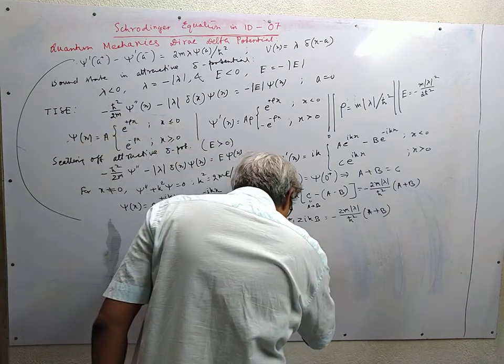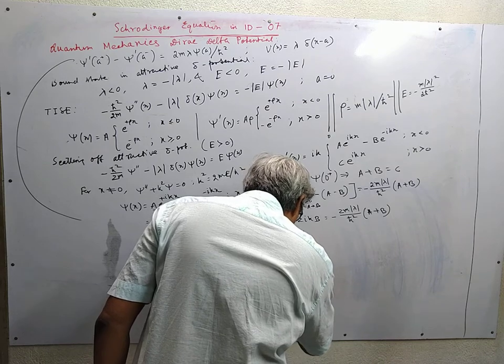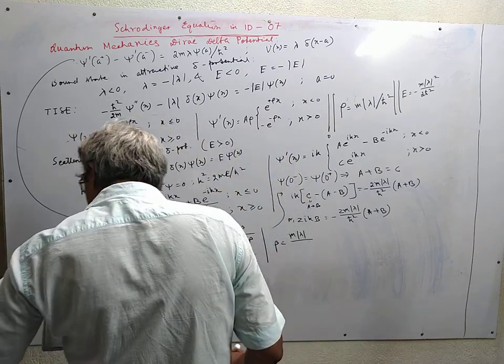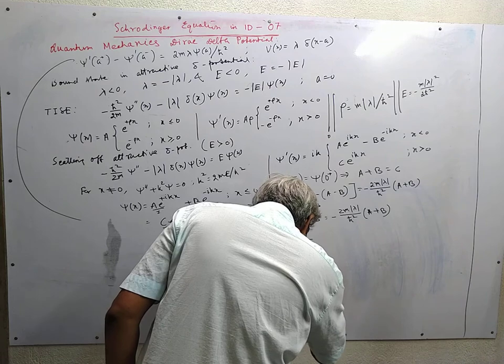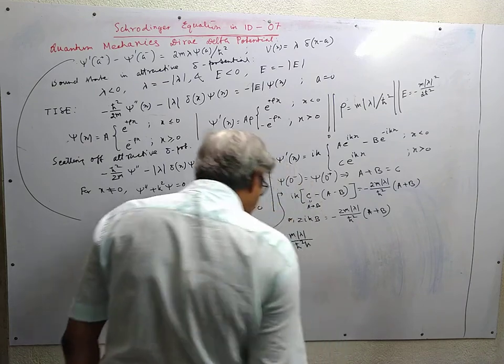m mod lambda over h cross k. I am skipping the manipulation which you can do yourself.